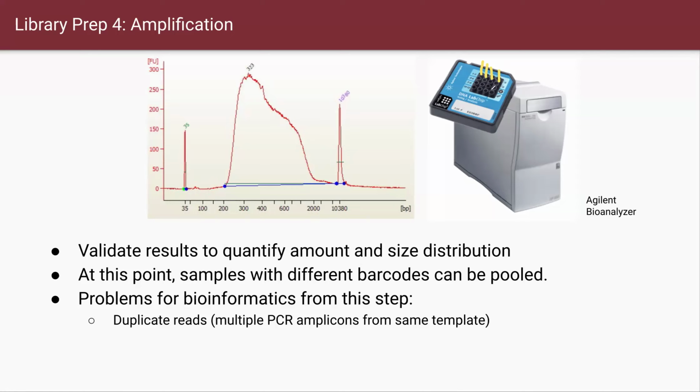Sorry, it's 12 samples, but there are some markers here, so it's 16 wells, sorry. But anyhow, you can use 12 samples on here. Then each sample will give you this graph, right? So the graph basically covers the library size from 35 base pairs to 10K base pairs.